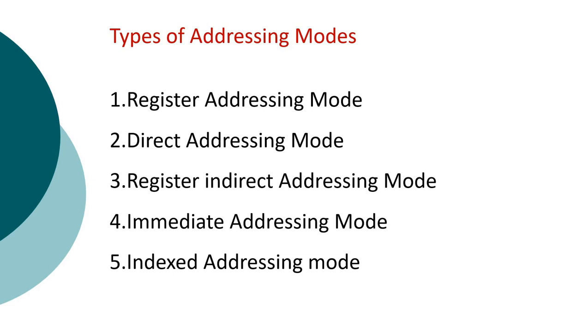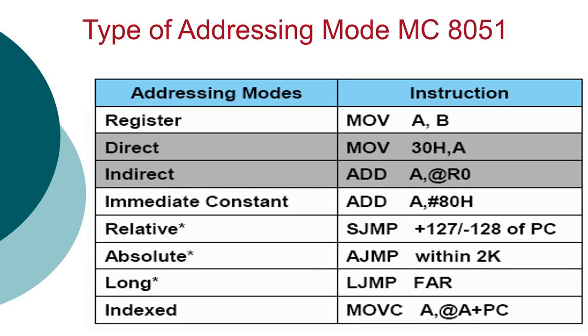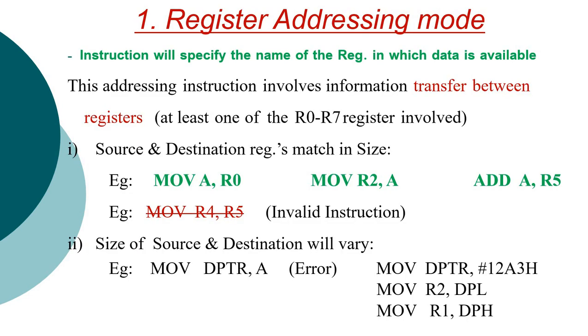There are 5 types of addressing modes available in 8051: register addressing mode, direct addressing mode, register indirect addressing mode, immediate addressing mode, and indexed addressing mode. This is a nutshell of all the 5 addressing modes in detail with simple examples. Let us go one by one in detail.